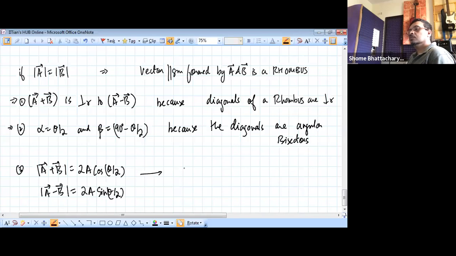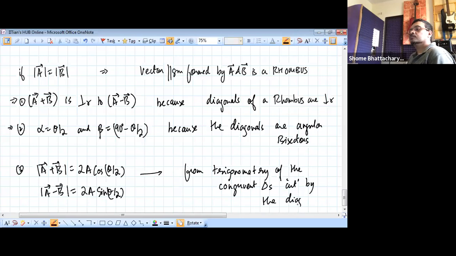So this will come from the trigonometry of the congruent triangles cut by the diagonals. So I'll explain all three in terms of the diagram. First, just note these down.